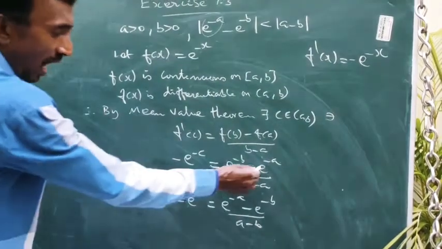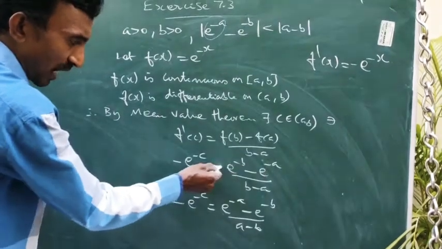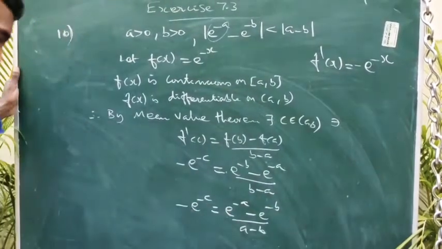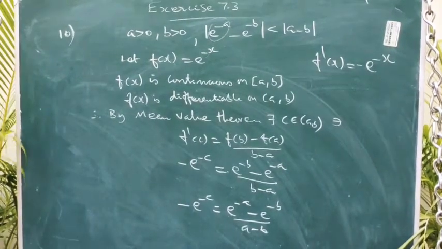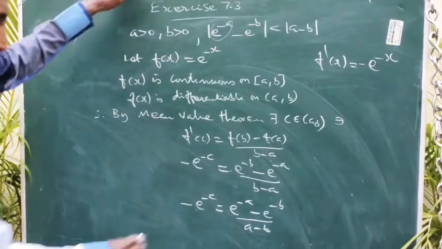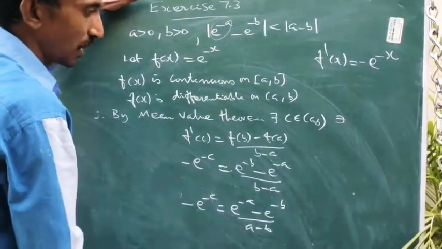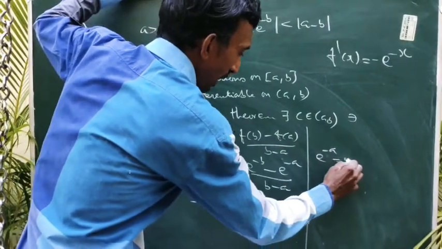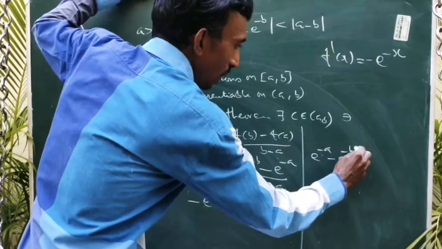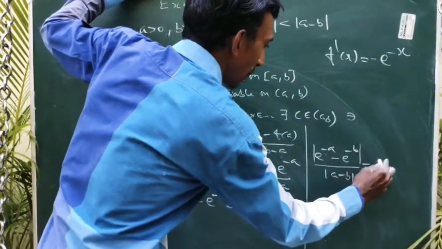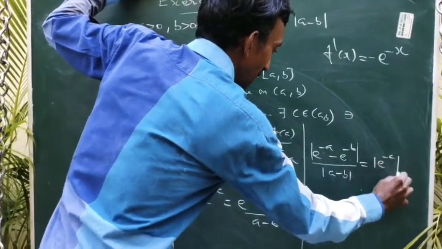Look here, I exchanged these two terms, so here we get one minus. Here also exchange minus; minus by minus becomes plus. So we are getting this one. Now taking modulus on both sides, modulus of negative becomes positive. So we are getting modulus of e power minus a minus e power minus b by modulus of a minus b equal to modulus of e power minus c.